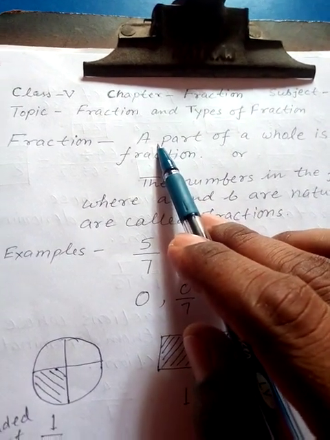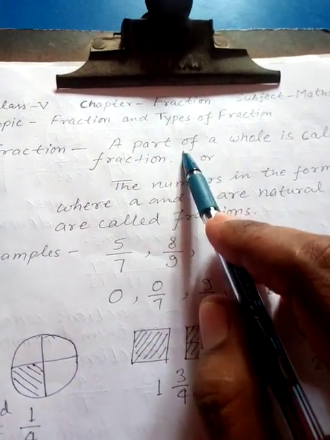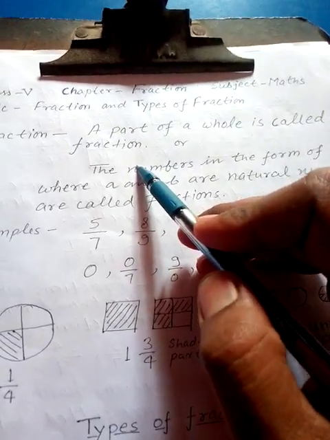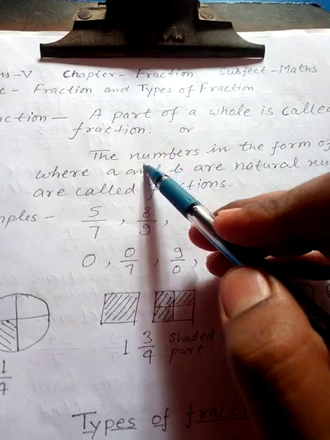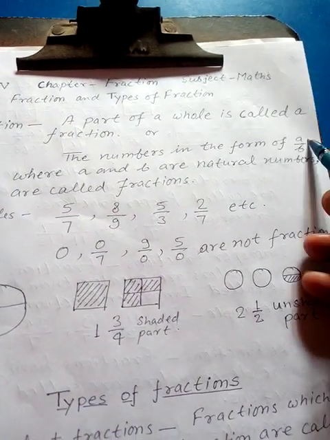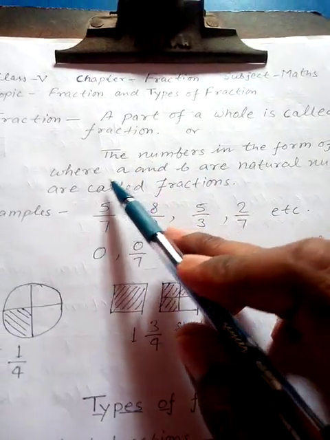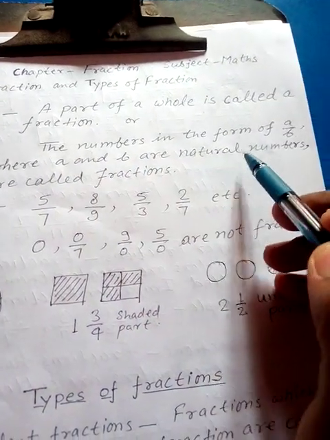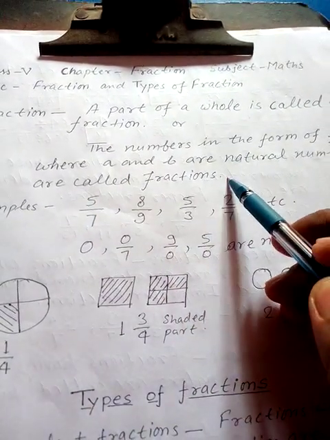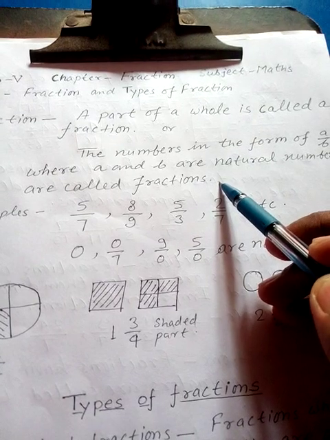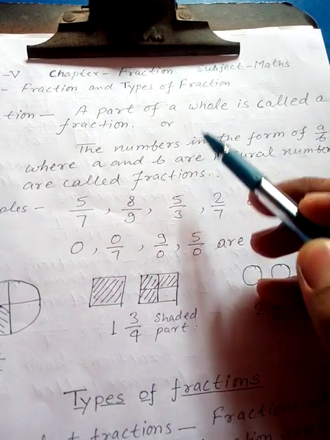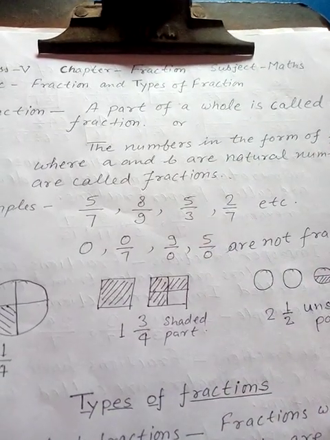Students, we can define a fraction as a part of a whole, or the number in the form of a by b, that is numerator and denominator, where a and b are natural numbers. It means the number in the form of numerator by denominator, where numerator and denominator are natural numbers.